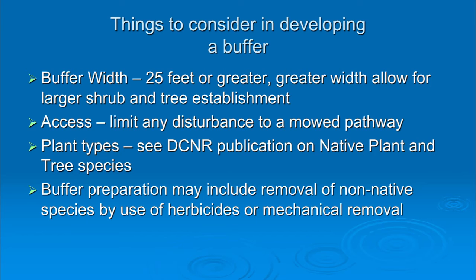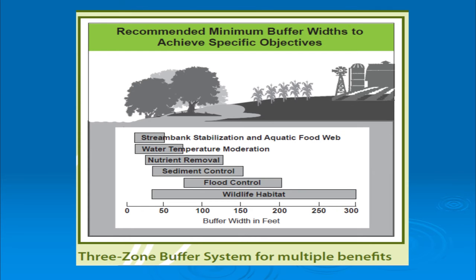If you have questions about plant types, see DCNR's publication on native plants, which I'm going to show you at the end of the presentation. And again, preparation for the area may include removal of non-native species and the use of herbicides and mechanical removal.